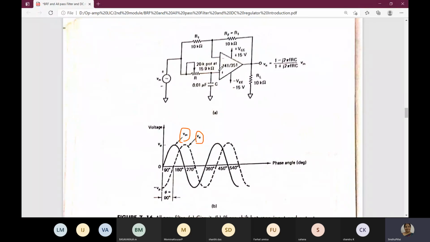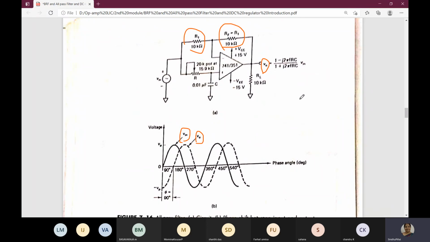Since it is fed back, there is a phase shift. We can find the output voltage V0 by applying the superposition theorem. When the input is given to the inverting terminal, the output is minus V in, and we have unity gain, meaning the feedback resistors are equal.